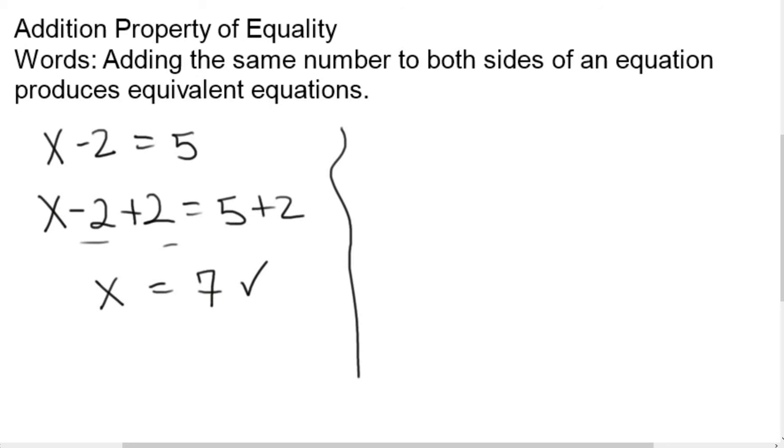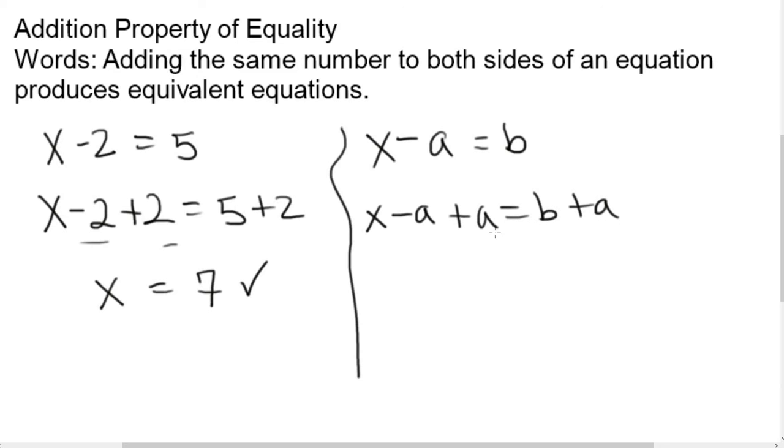In algebra, if I wanted to try it algebraically, I could write x minus a equals b. So I can say x minus a plus a equals b plus a. I've added a to both sides just so that I can solve for x.